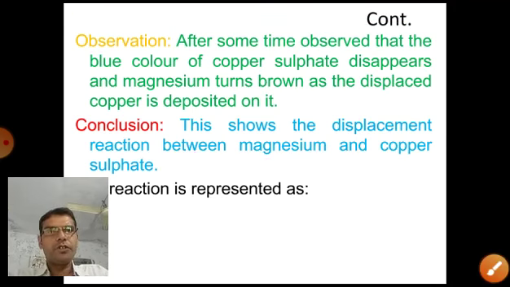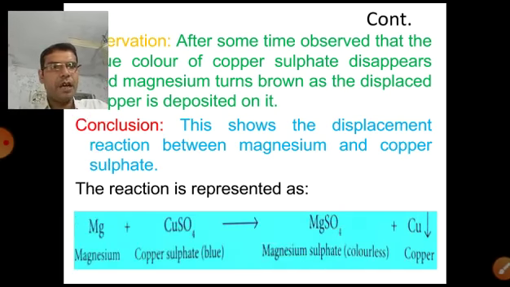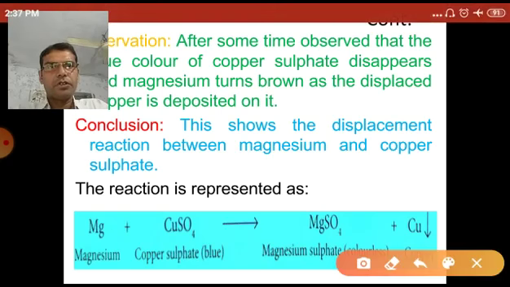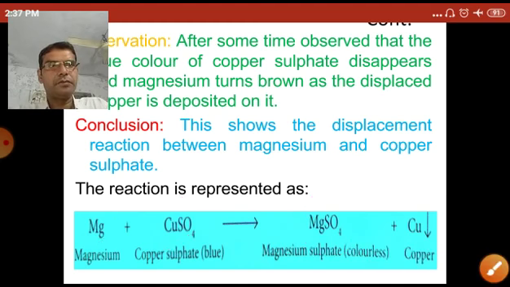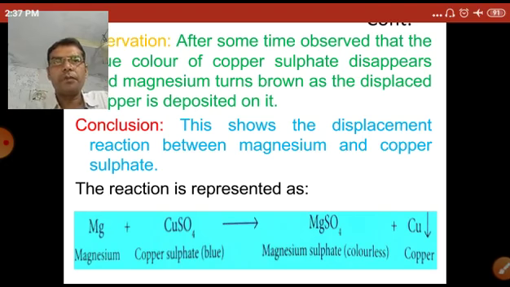The reaction that happens in this activity is represented as follows: magnesium combined with copper sulfate. Magnesium displaces the copper from the copper sulfate and forms magnesium sulfate, and the copper is displaced as a precipitate. So this activity shows that a displacement reaction takes place between magnesium and copper sulfate.